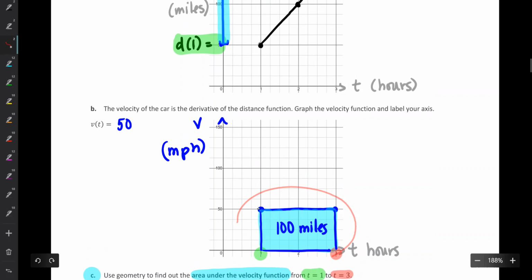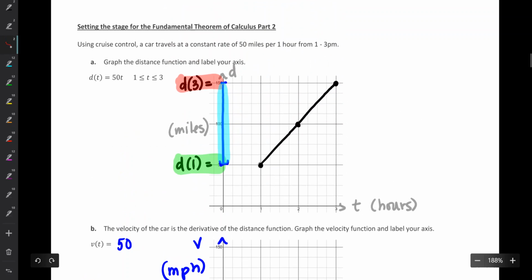What's an antiderivative for this function? Here's the graph of the velocity, always 50. What's an antiderivative for that function? If I can find it, and that's an if, then I can just evaluate it at the endpoints.